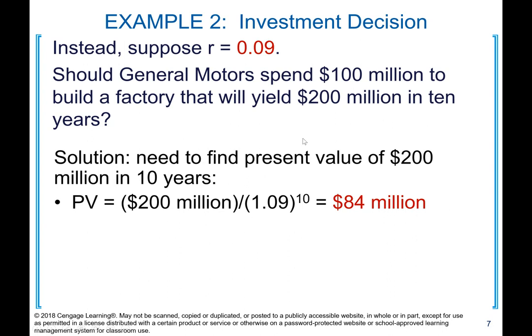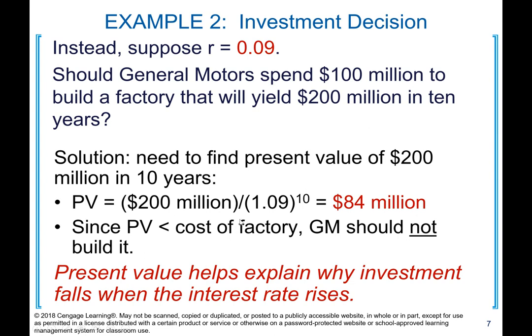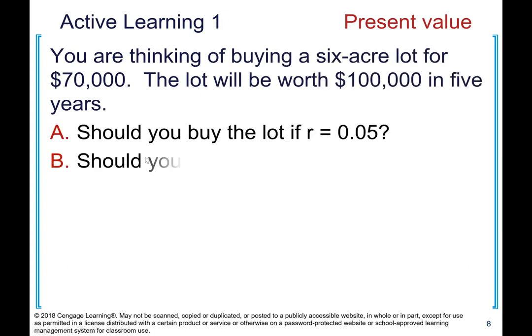And they're asking you to pay $100 million for an investment that you should be paying $84 million for. I don't think so. Since the present value is less than the cost of the factory, GM should not build it. Present value helps explain why investment falls when interest rate rises.